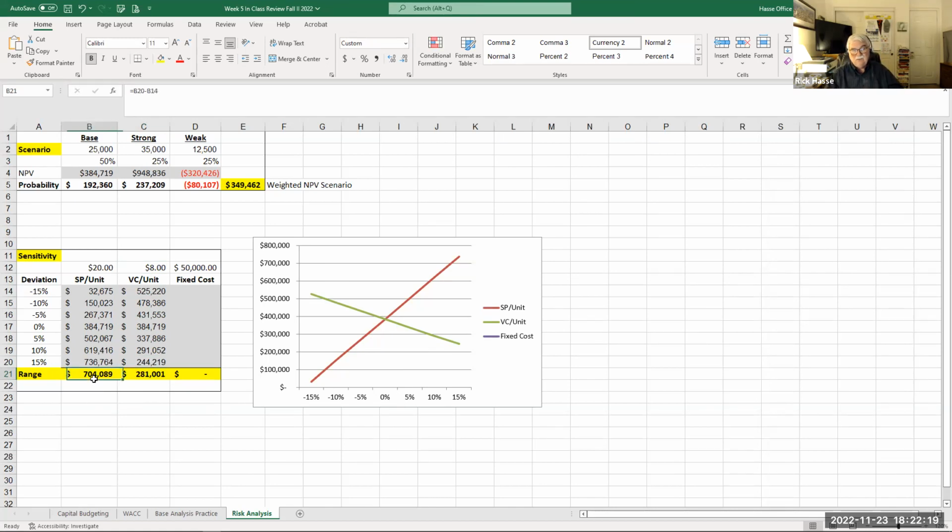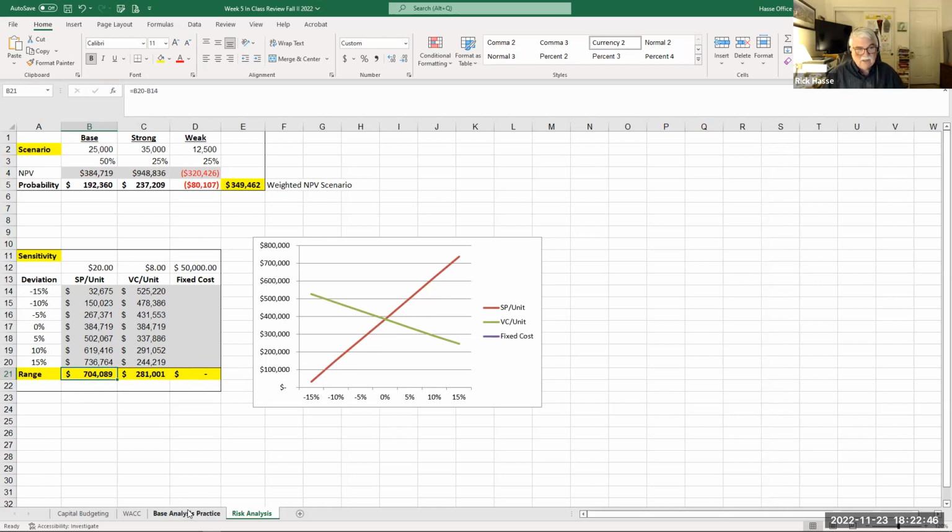The higher the range from high point to low point with whatever variable, the steeper the slope of the line. 704, notice the steepness of the slope of this line. 281, notice the line is a lot flatter. Interesting, and we'll summarize this as soon as we get done with the fixed cost.